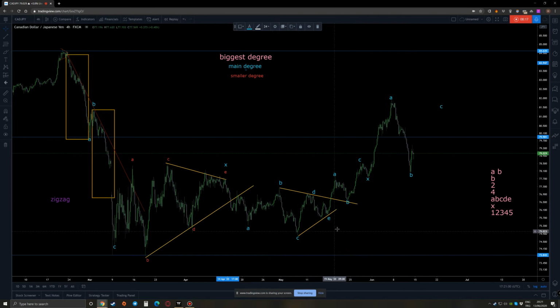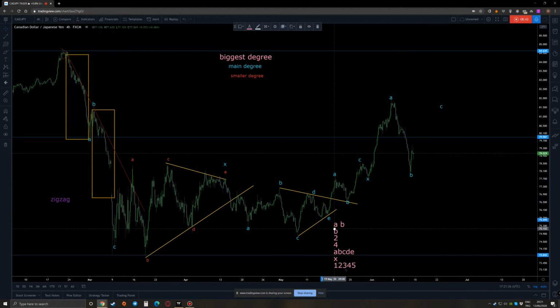Whenever you have a triangle on this degree, it has to finish something. For example, just like this triangle, A, B, C, D, E, in one smaller degree, as you can see, it ended the X wave. Now this triangle, because it's on a bigger degree, will end whatever it started from here. So A, B, C, X, A, B, C, D, E has to end something.